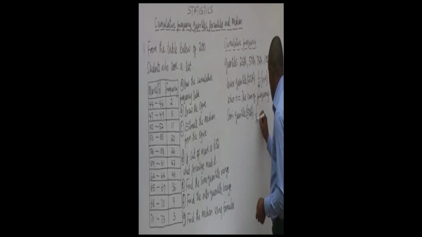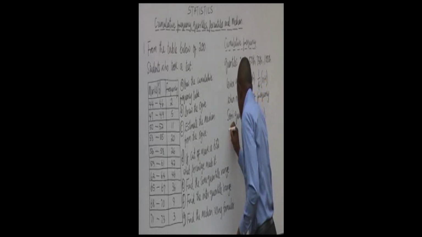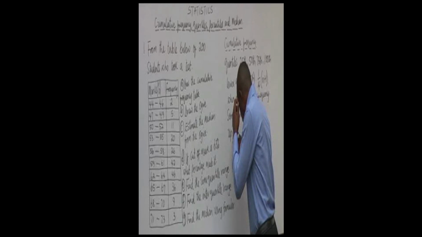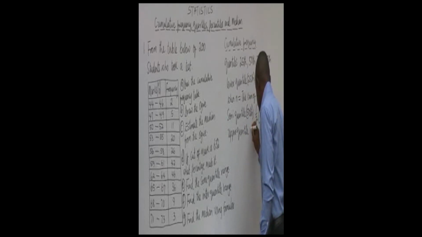The formula for the semi-quartile is 1/2 of n plus 1, where n is the sum of frequencies. The third is called the upper quartile. That is the 75th, and its formula is 3/4 of n plus 1, where n is the same thing, the sum of the frequencies.